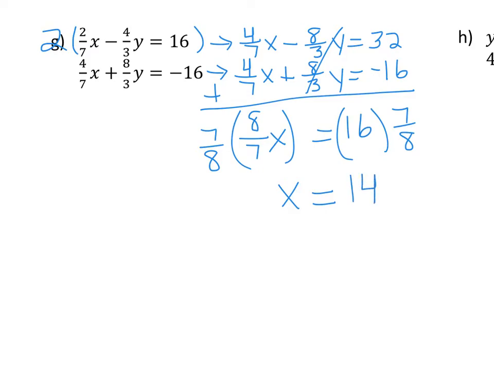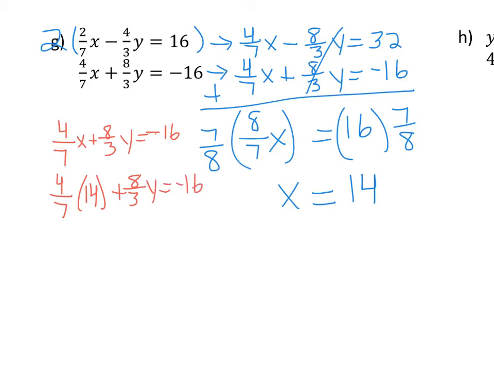Now that I have x, pick an equation, plug it in. I'll pick the second one. 4/7 x plus 8/3 y equals -16. 4/7 times 14 plus 8/3 y equals -16. 4/7 times 14 is 8. 8 plus 8/3 y equals -16.